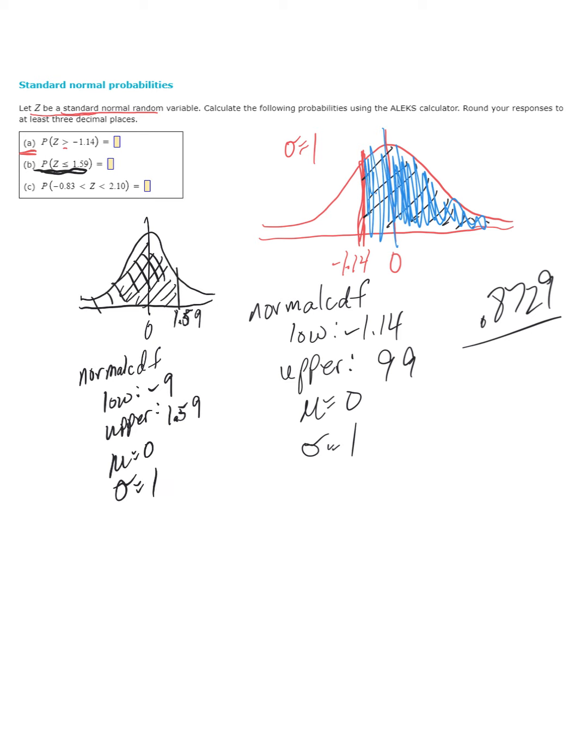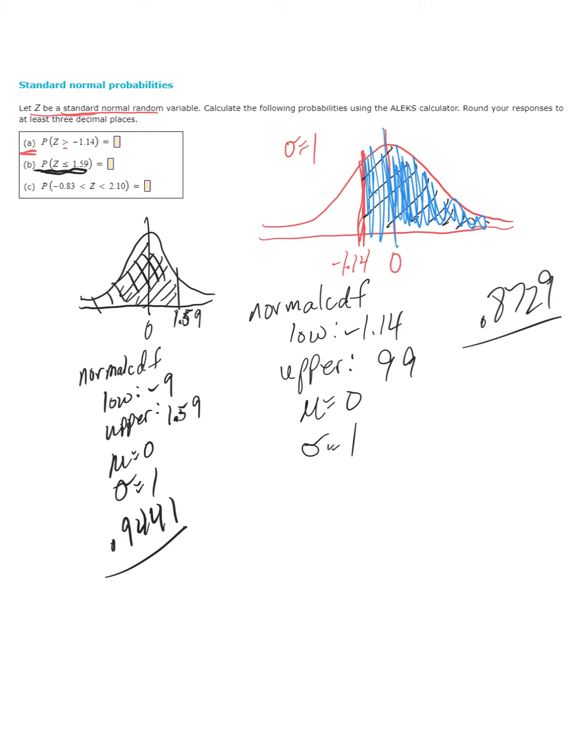Typing that in. There's negative 9, comma, 1.59. And I'm coming out with 0.9441 is what I'd get for that one.